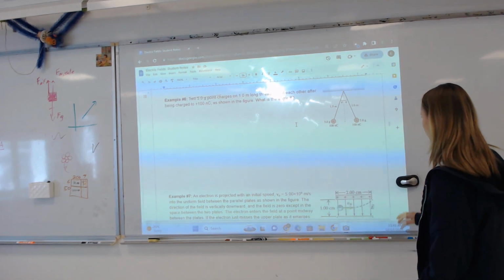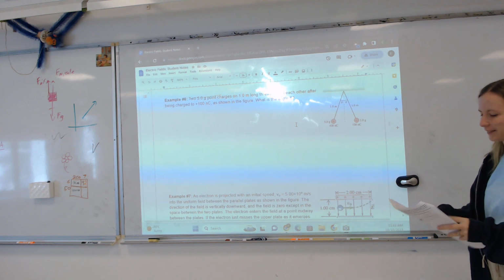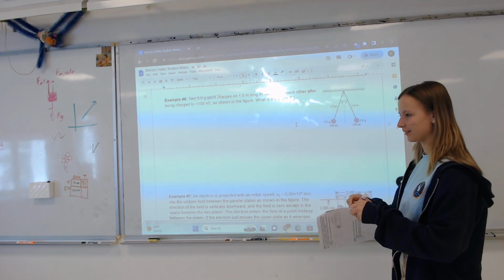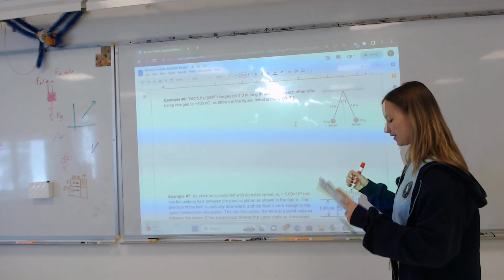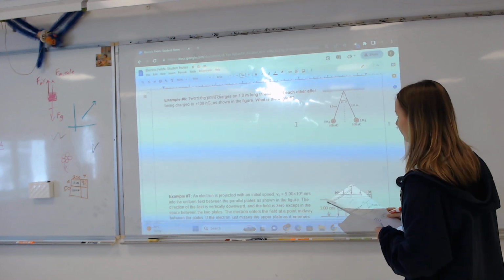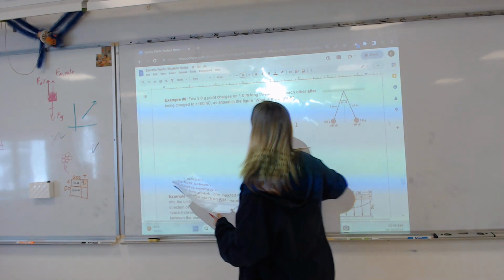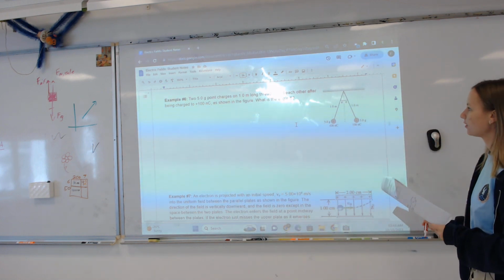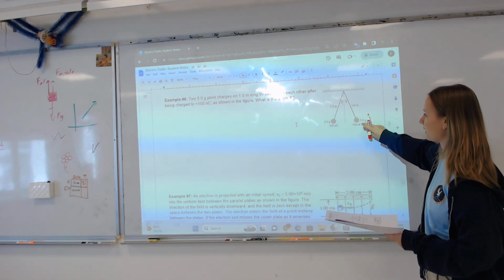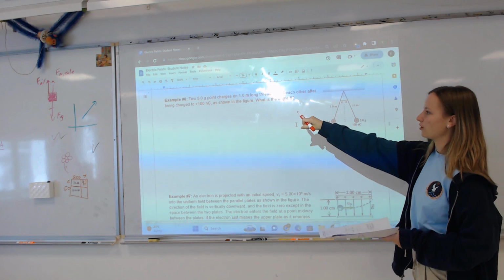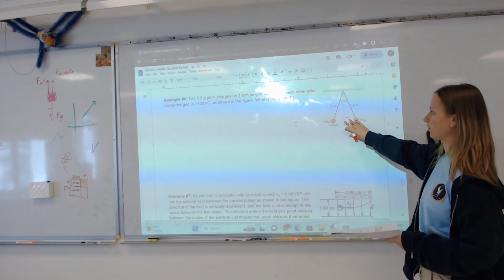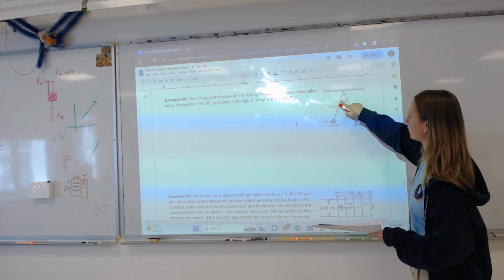Okay, so this one's a little complicated, so pay attention, you guys. We are given two 5-gram point charges on 1 meter long threads that repel each other after being charged to 100 nanocoulombs, as shown here, and they're asking us what this angle is.